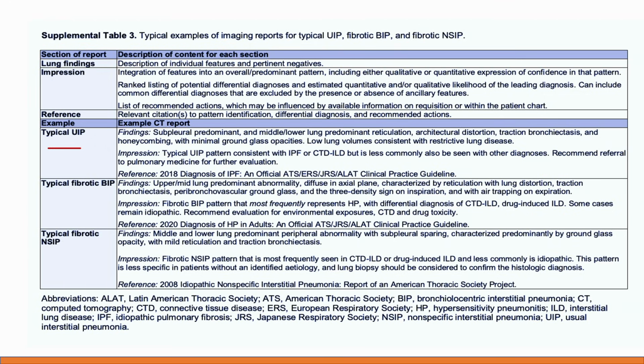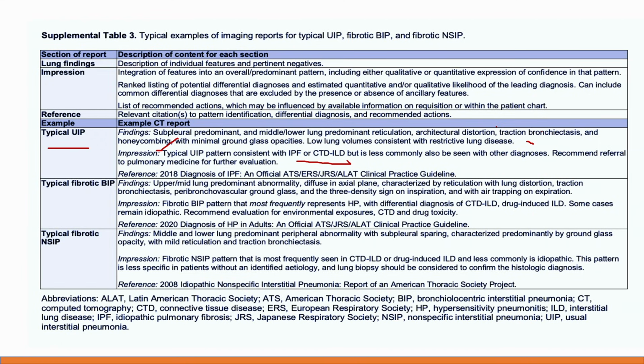So, for a typical UIP pattern, an example CT chest report should write that there is subpleural predominant and middle or lower lung predominant reticulation with architectural distortion, with traction bronchiectasis and honeycombing, with minimal ground glass opacities and lower lung volumes suggesting restrictive lung disease. This is how a sample CT report in a typical UIP should be. Now, based on these findings, the impression should be a typical UIP pattern consistent with IPF or CTD ILD or others.